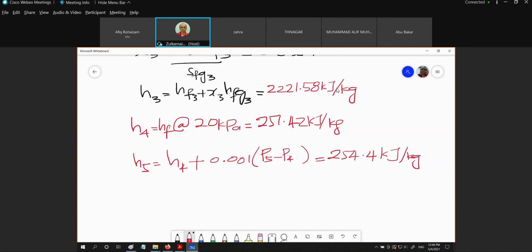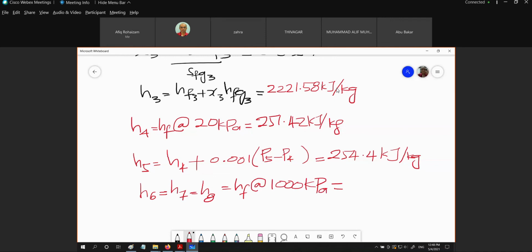Okay. After that, we are going to have the H6, where the H6 is equal to the H7 equal to the H8, which is equal to the HF at our intermediate pressure, which is at 1000 kPa. 762.51.